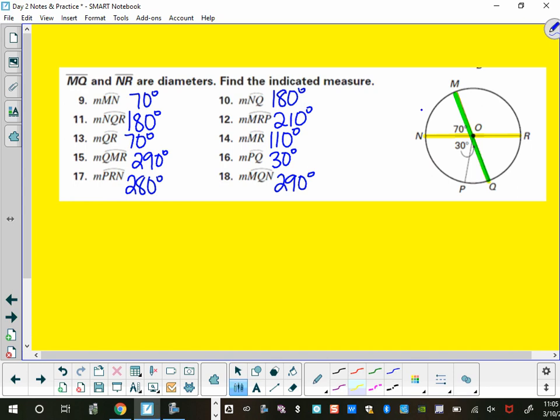They told me that this was 70, this piece was 30. So I'm missing how many degrees? 70 plus 30 is 100. So I'm only missing 80 degrees, so that's what goes there. It gets tricky because of that arrow. And on the other side, this is congruent to that one. So this would be 70, and this would be 110.